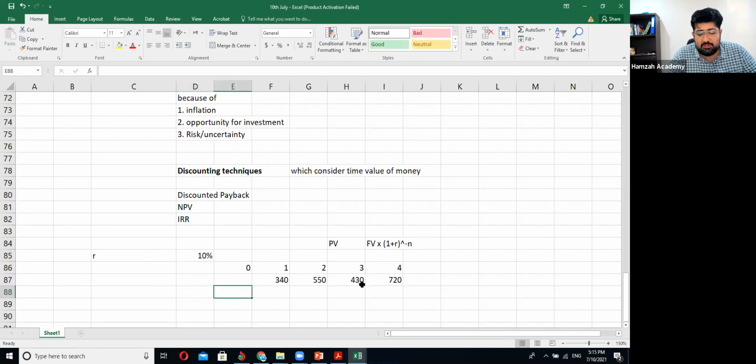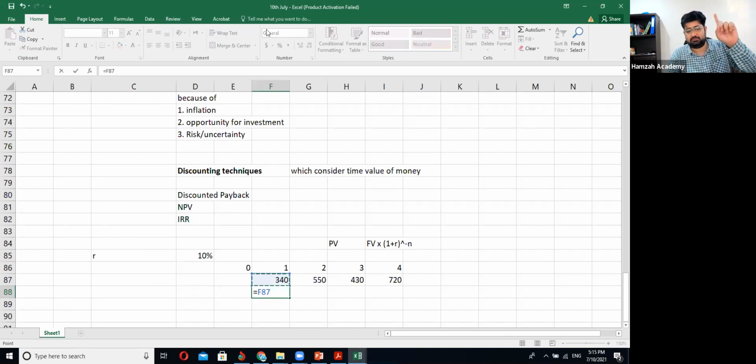Now, how to calculate present value of all these amounts? Just see here, equal to, this is future value. Focus everyone, please. Future value into 1 plus R raised to power minus this.